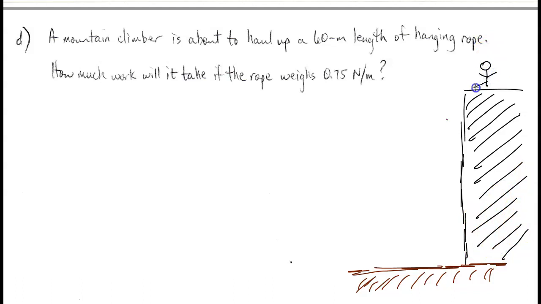And this is going to be the person, but we'll move them a little bit closer since they actually have to pull something. So we'll put them right here. And let's use a blue rope, and let's say this rope looks like this. It's hanging all the way down to the ground here.